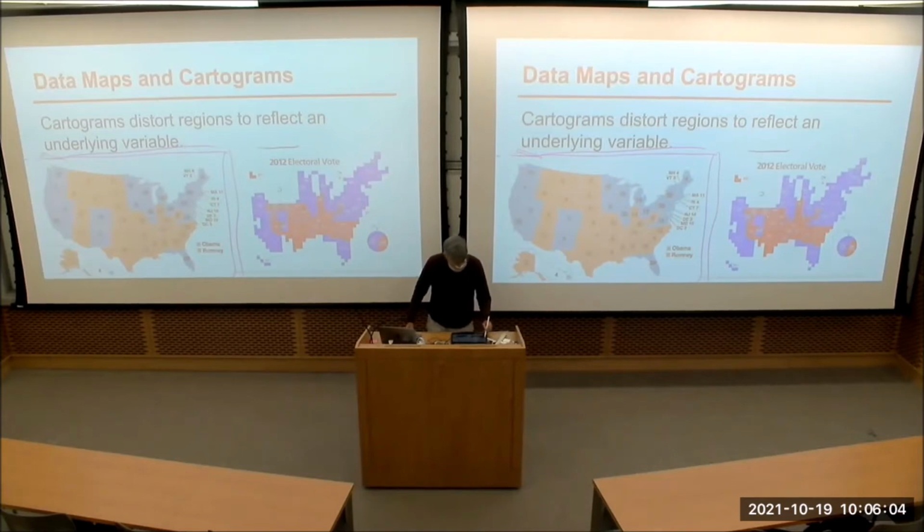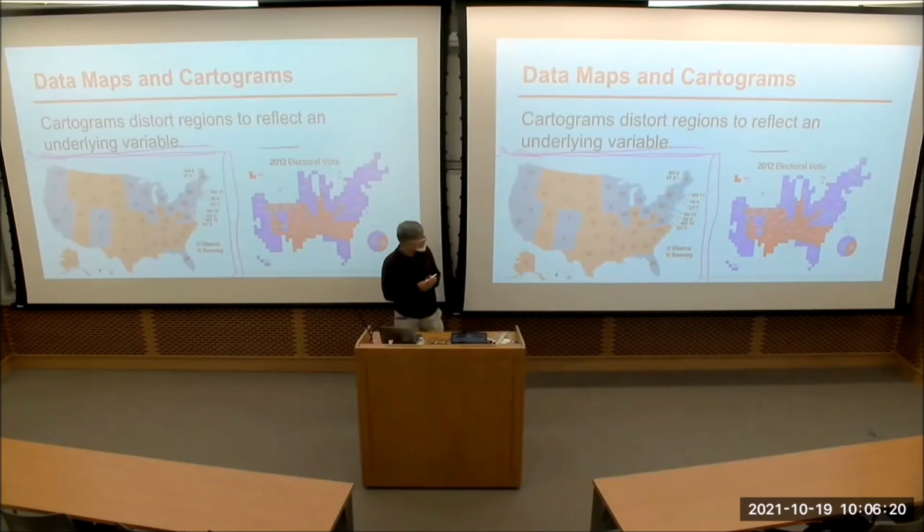Anyone see what was the message you see on the first? First of all, who won the election? Vote for Romney. It looks like Romney won the election because there's more red on that map than there is blue, right?